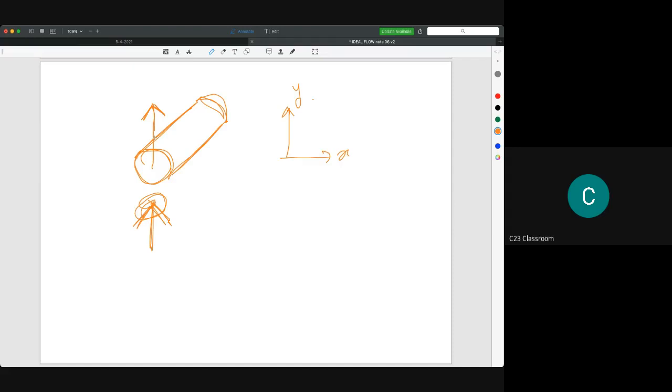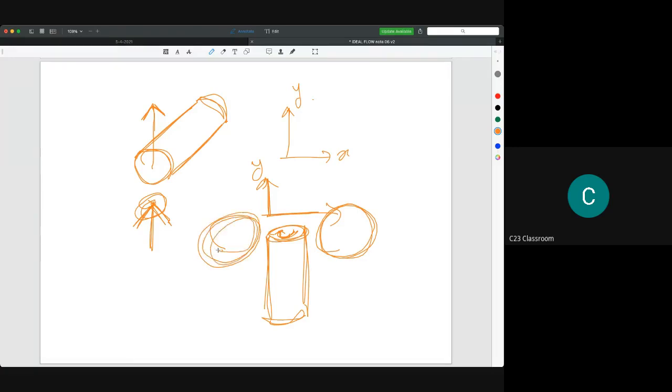Sekiranya silinder tersebut awak letakkan menegak seperti ini, maksudnya ia masih lagi XY. Apabila ia berpusing pada certain rotation direction, akan ada pressure yang tinggi dan ada pressure yang rendah, menyebabkan daya yang terhasil adalah dalam keadaan horizontal.